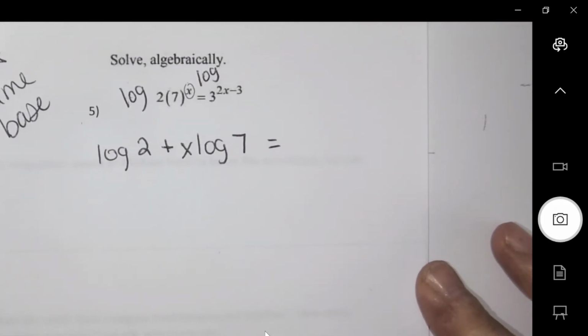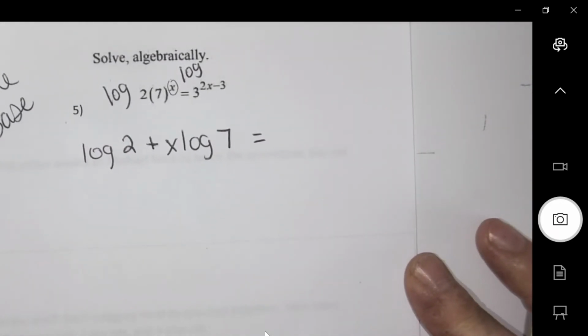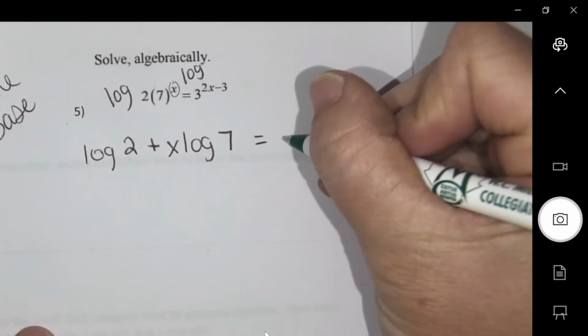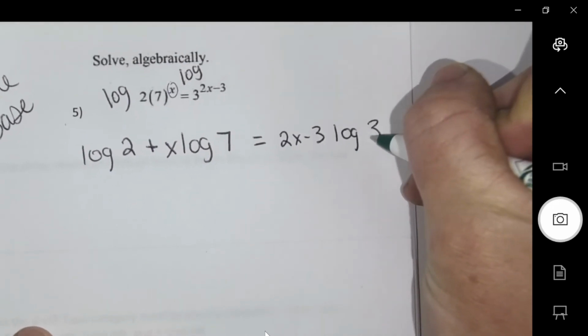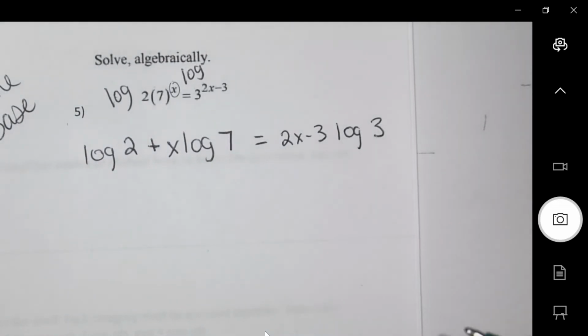Okay, what does the other side look like? There's no multiplying or dividing, so now exponent into the front. What is my mistake? I made an error. There's a mistake.